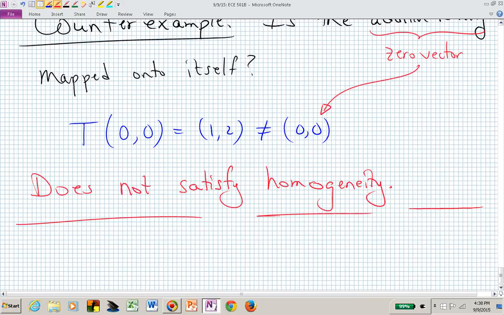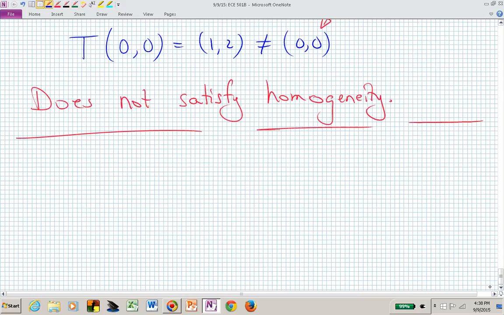Let's see if we can explain what we mean by the zero vector needs to map into itself through a map if this map is a linear map.